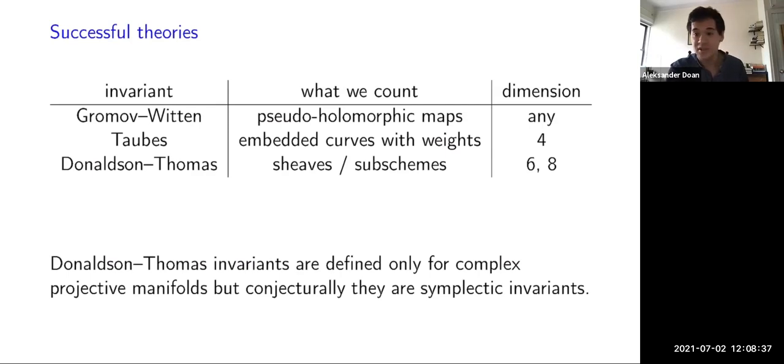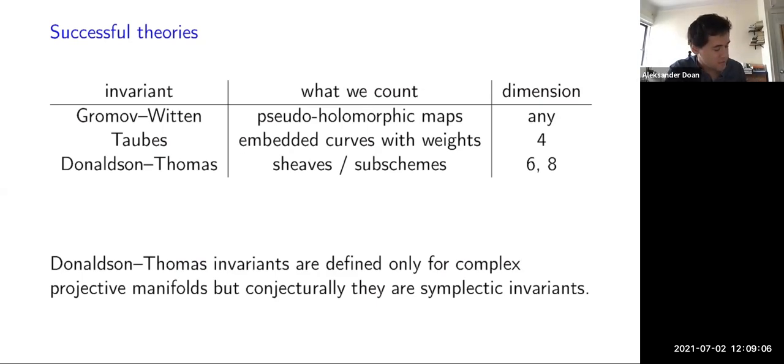Perhaps more in the spirit of this question about embedded curves, in dimension 4, Taubes defined an invariant which counts embedded curves with certain integer weights. So really curves and not maps, but that's only defined in dimension 4. And moreover, Taubes showed that this invariant is equal to the Seiberg-Witten invariant defined using gauge theory.